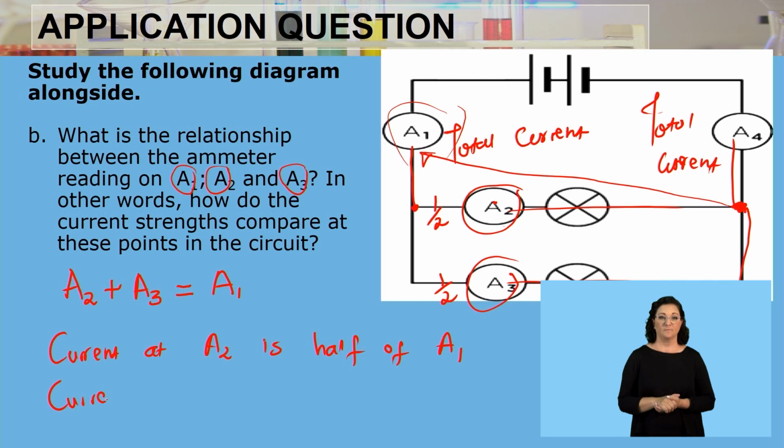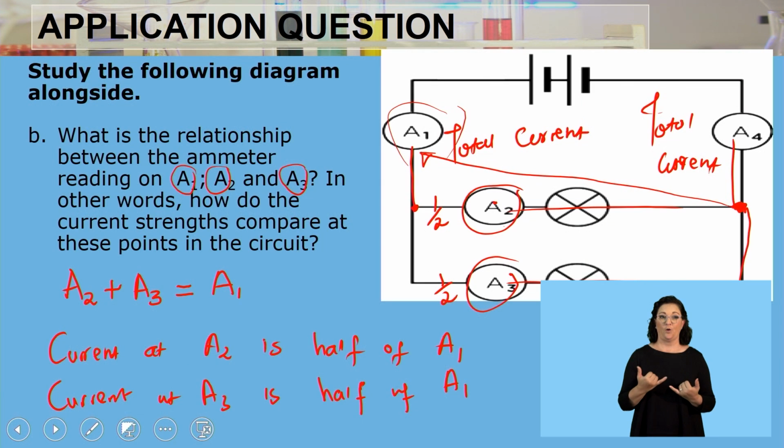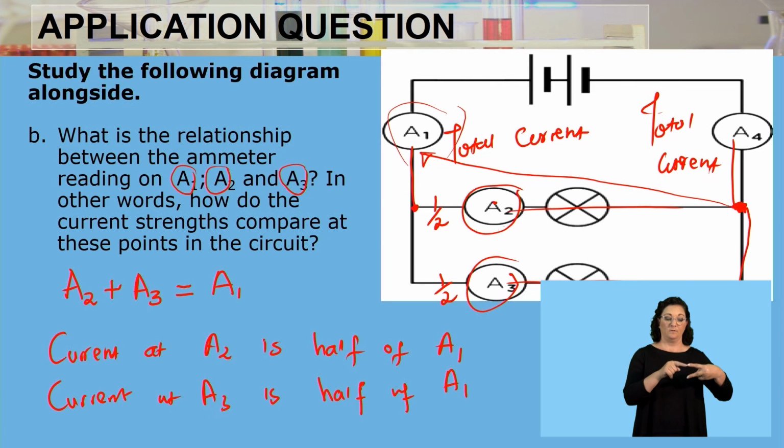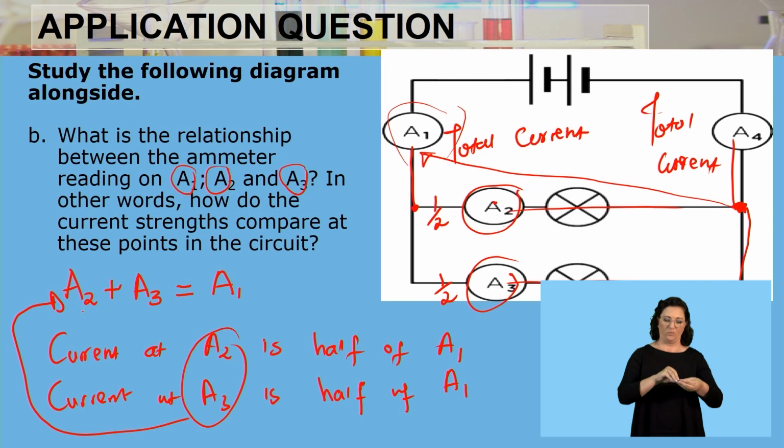Again, the current at A3 is half of A1, which means that if these two currents are each half of A1, then this equation makes sense: when we add A2 and A3, we are going to get A1.